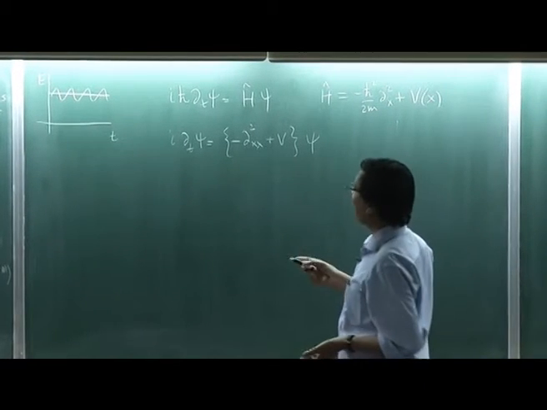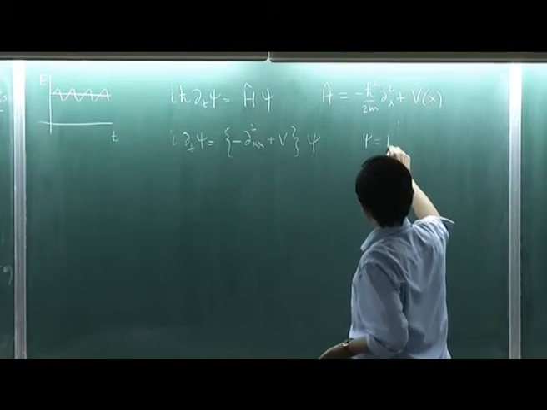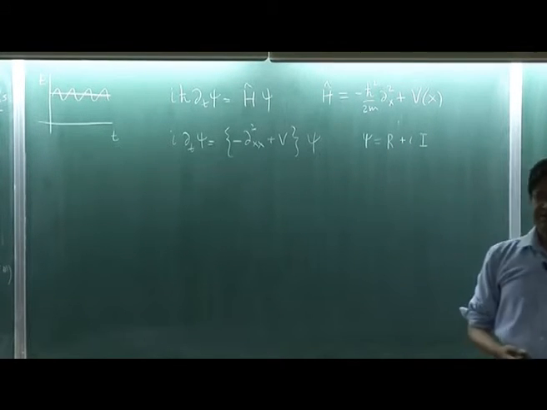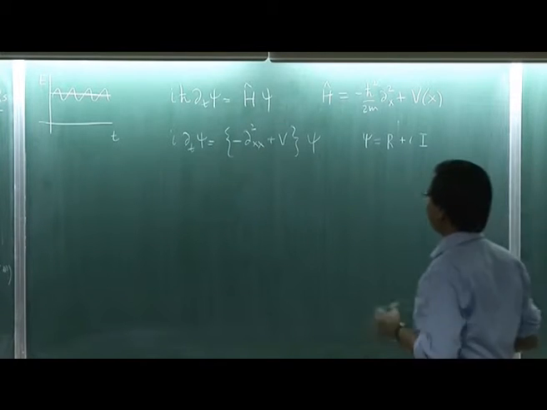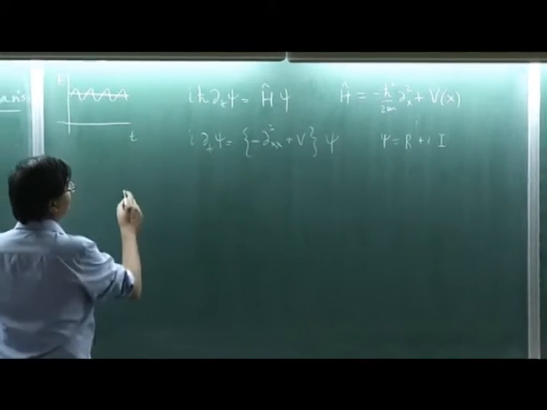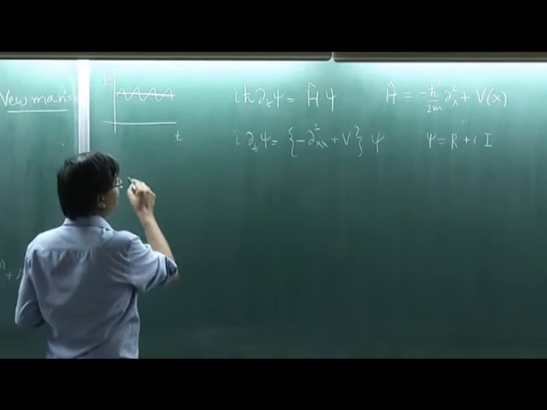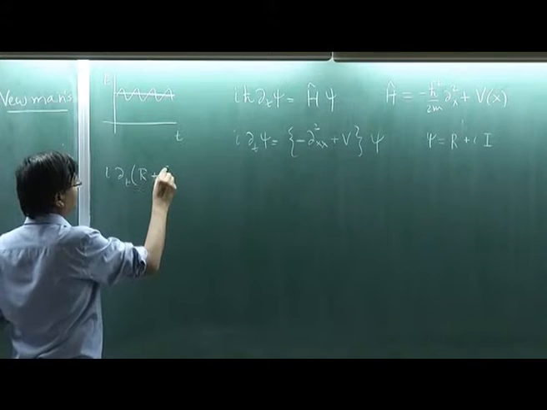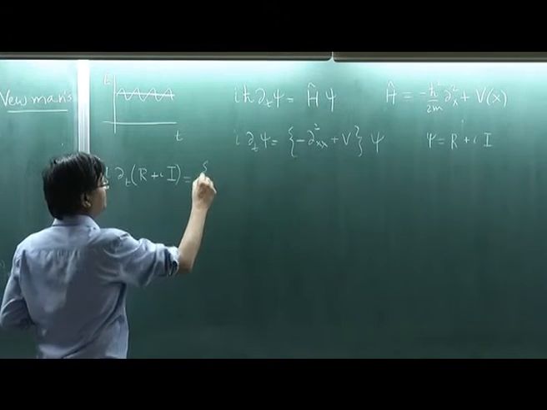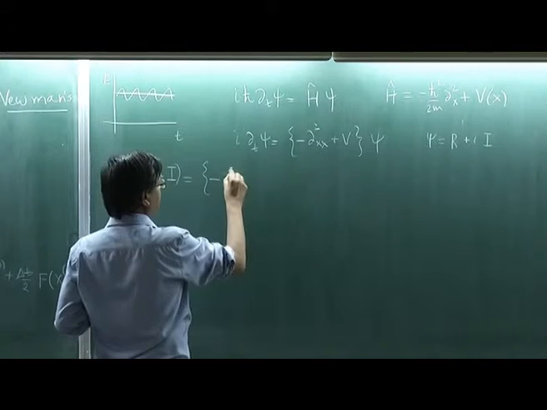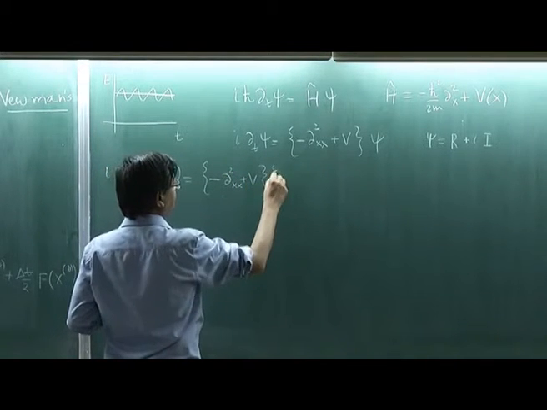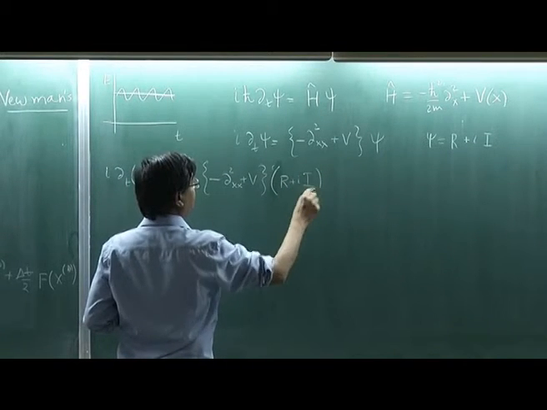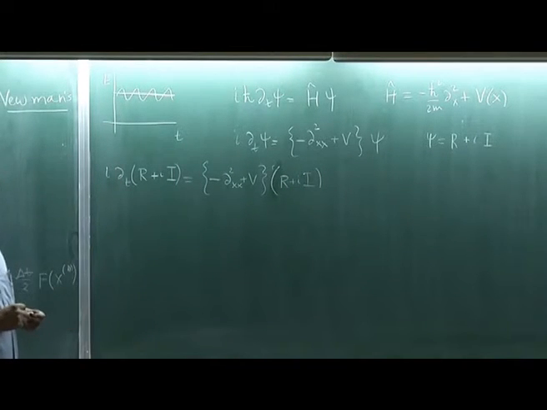Now split my psi into real and imaginary part, real plus i imaginary. If I split this, let us plug it in here. I will just make some space here: i dt (psi real plus i imaginary) is minus... So collect the real and imaginary parts.